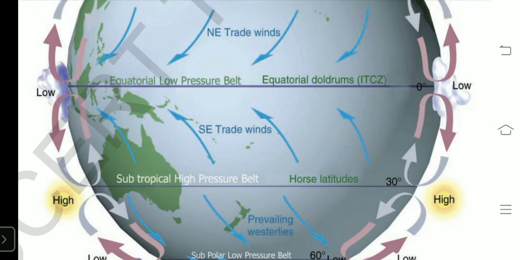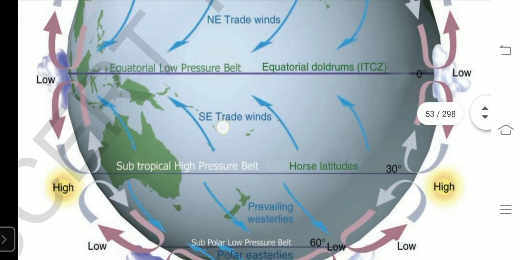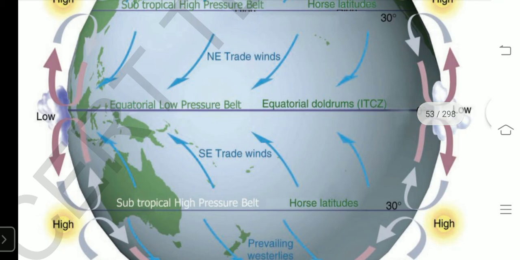So in this way we see that there will be changes in temperature due to local winds. These local winds blow in the lower layer of the troposphere. They do not blow in all the layers of the atmosphere. Only in the lower layer of the troposphere do we find these local winds.